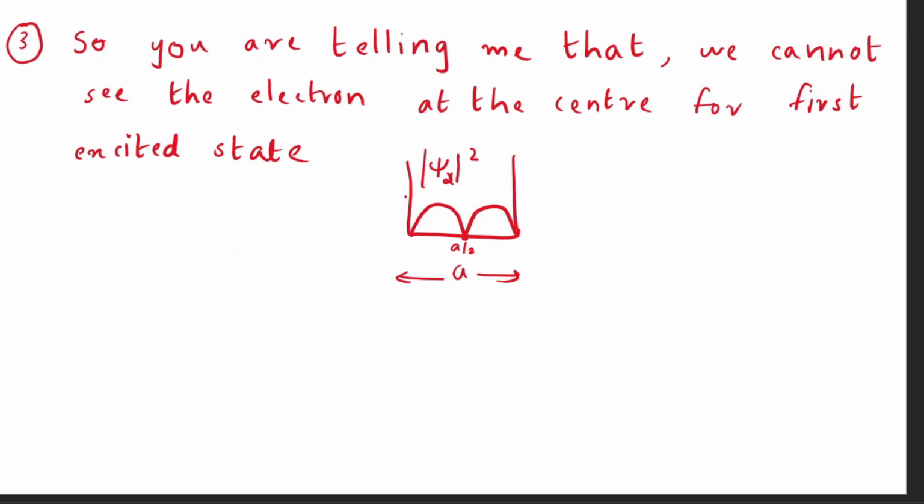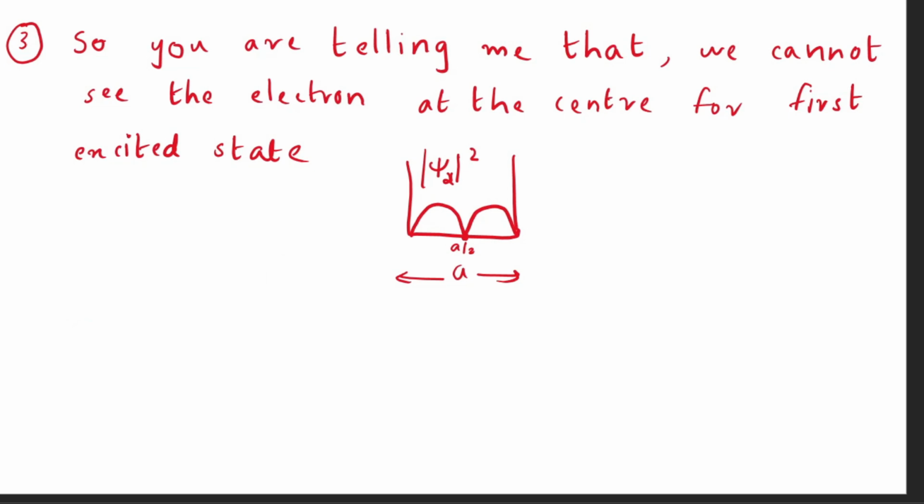Yes, because you have drawn it like that, right? Is it weird? Does it seem weird that the electron is moving within this infinite potential box, and at the central position we cannot see the electron? How? Does it look absurd to you?